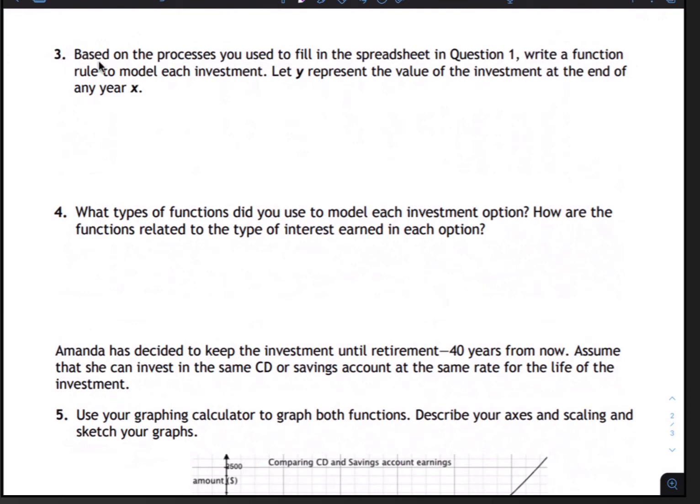All right, here's problem 3. Based on the processes that you use to fill in the spreadsheet in question 1, write a function model to model each investment. Let y represent the value of the investment at the end of any year x. All right, so let's start with the savings account. With the savings account, we were multiplying by 0.0375 every year.